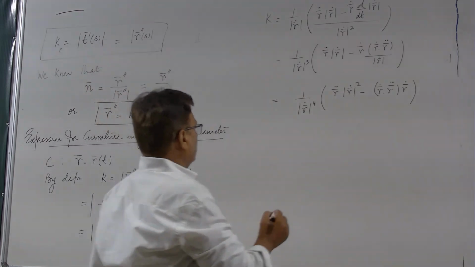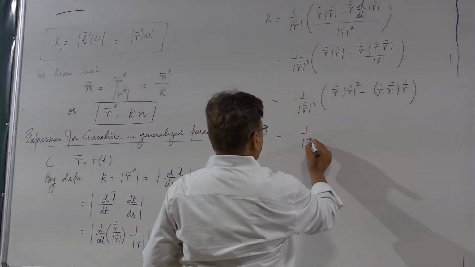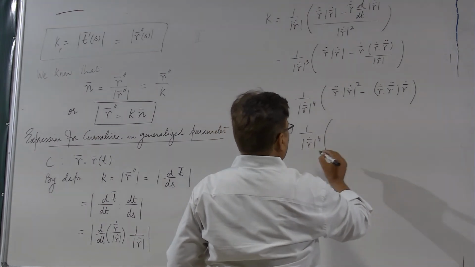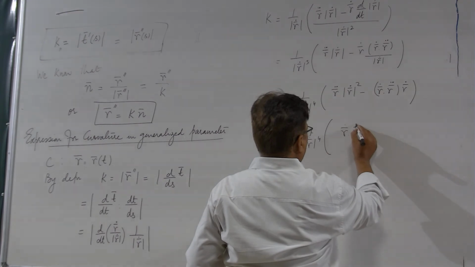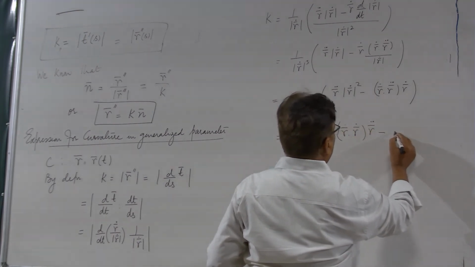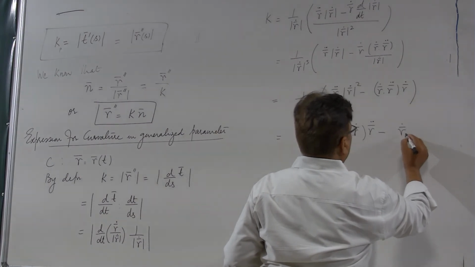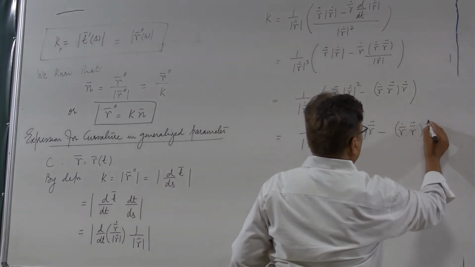Or 1 upon mod r dot to the power 4, this I can write as (r dot . r dot) into r double dot minus (r dot . r double dot) into r dot.